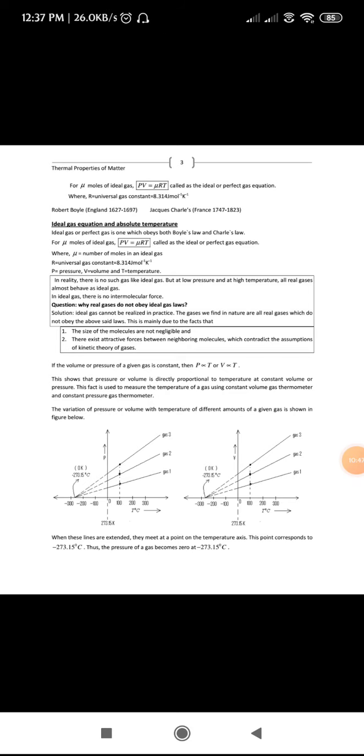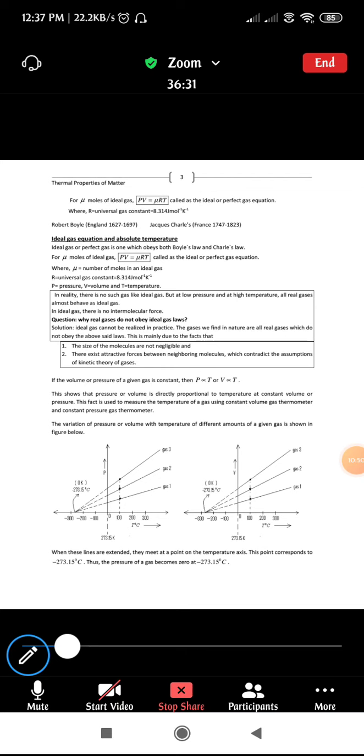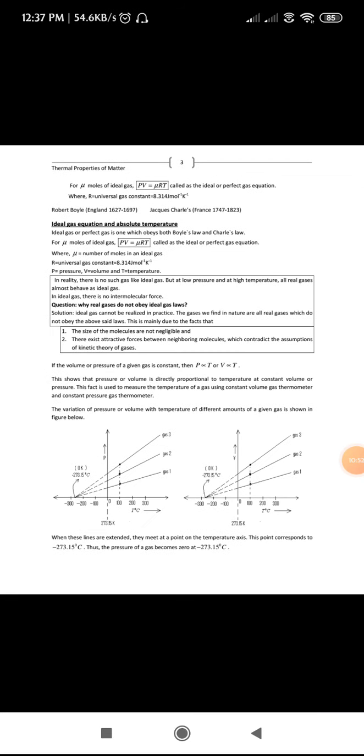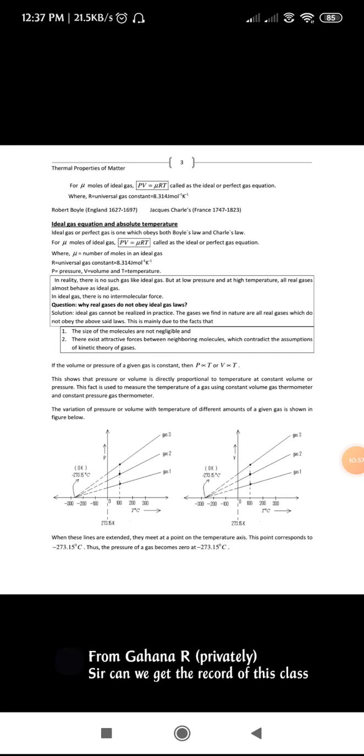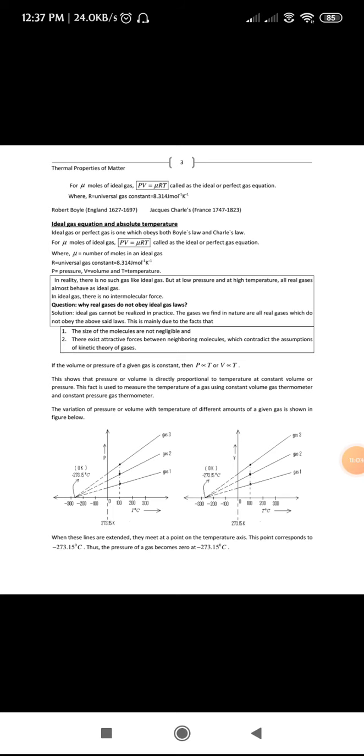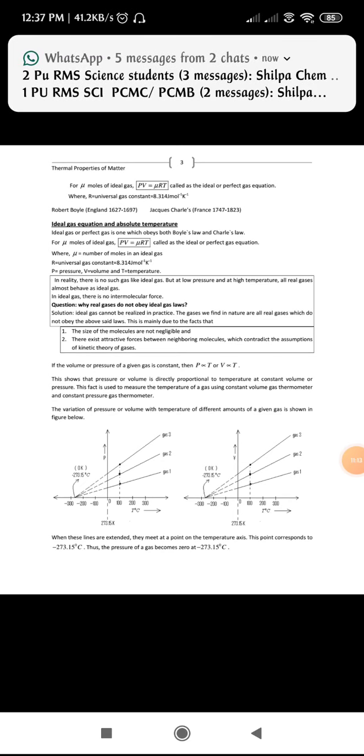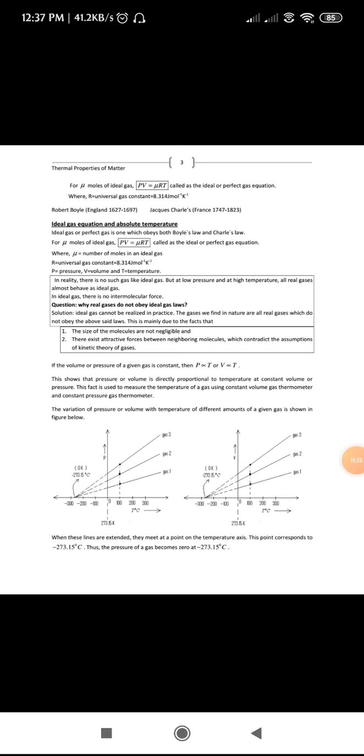When you plot the graph P versus T or V versus T for three different gases, gas 1, gas 2, gas 3, you can see in both graphs that as you increase the temperature, the pressure or volume of the gas keeps on increasing. Once you decrease the temperature, the pressure or volume of the gas keeps on decreasing.